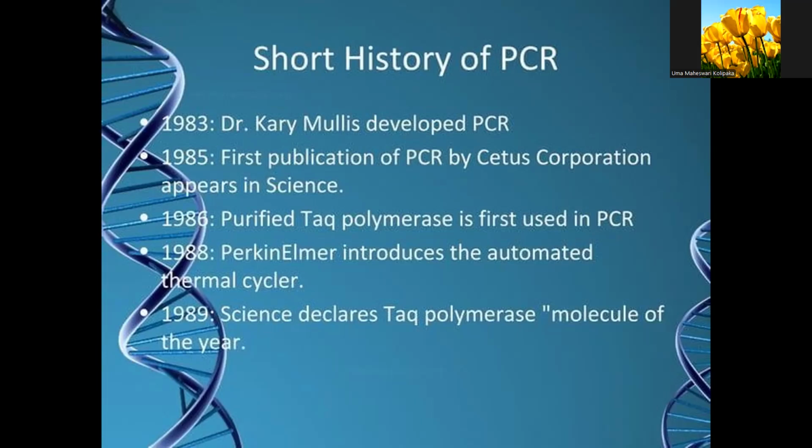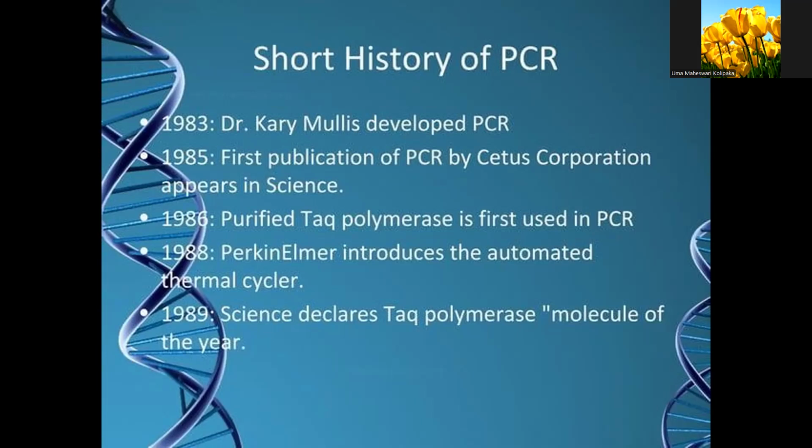So polymerase chain reaction was first and foremost developed by Dr. Carey Mullis in 1983, and Cetus Corporation appears in Science. That is the first publication of PCR by Cetus Corporation, when the information regarding PCR was first published, in the year 1985.